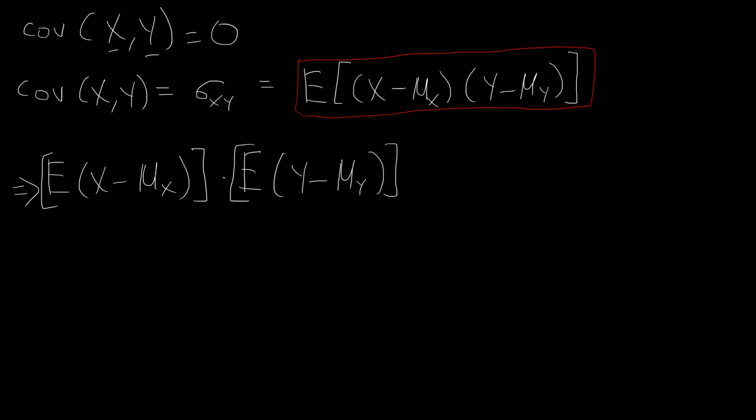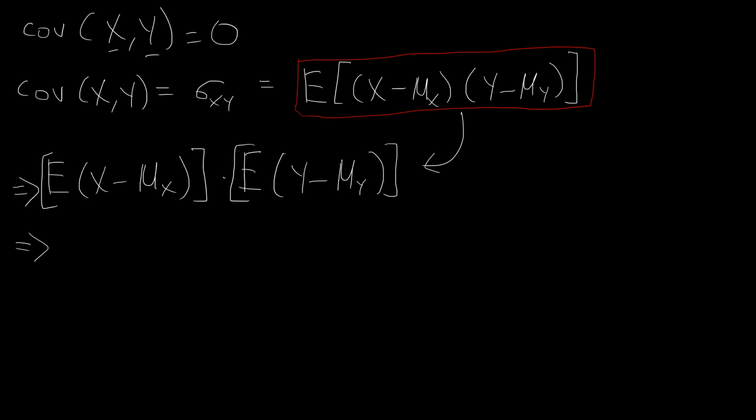And basically what we've done here is that we've rewritten the covariance as the product of the expected values of its factors. Okay, so once we've rewritten this in this manner, we can proceed as follows.